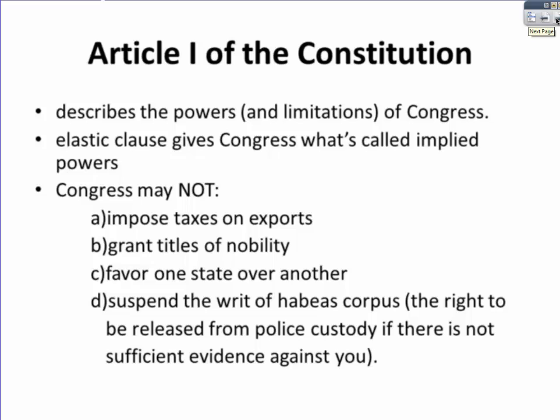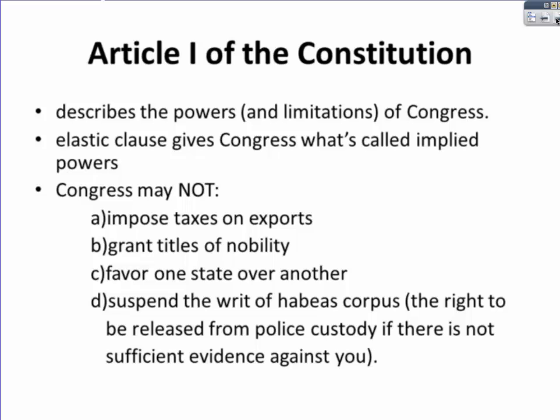So Article 1 of the Constitution describes the powers and limitations of Congress. The Elastic Clause gives Congress what's called implied powers, but there are specific things Congress may not do.